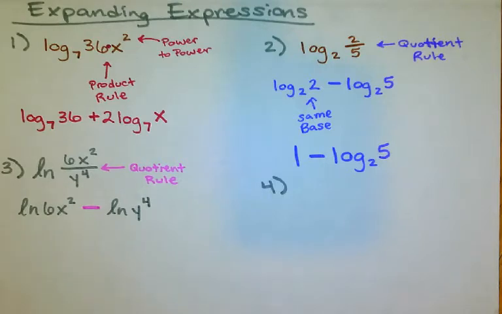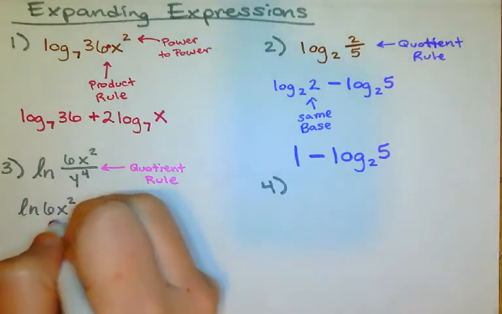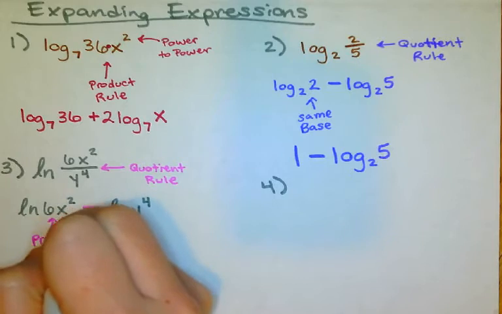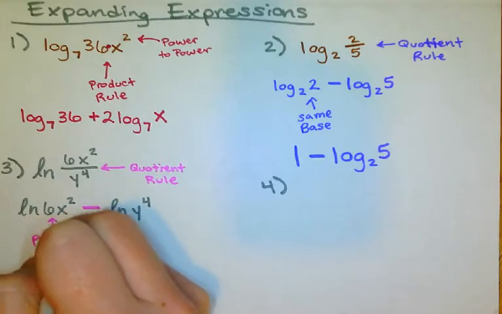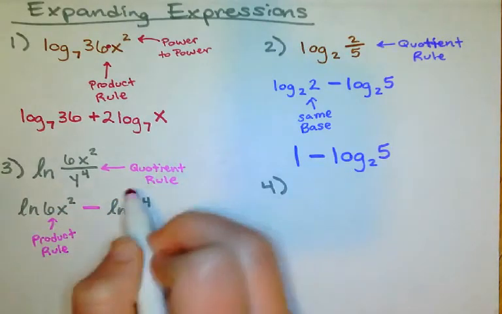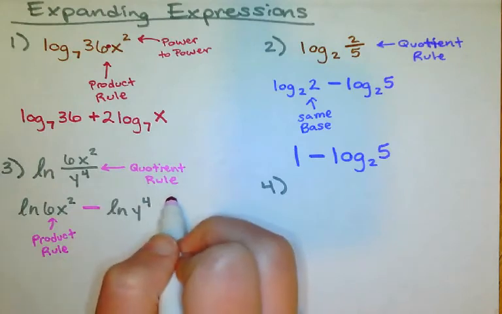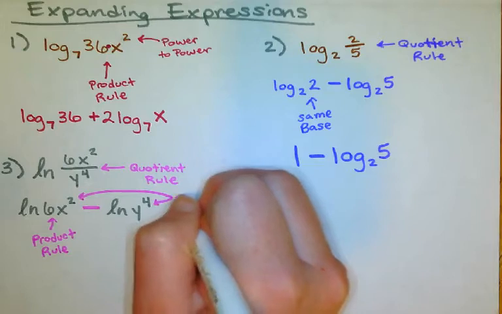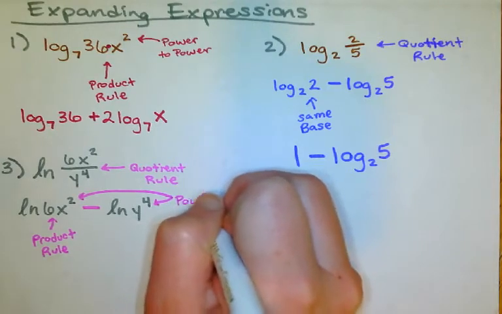Now, what do you see next? We see some powers, and we also see some product happening here. So this is the product rule. And then we also see the power to power rule.